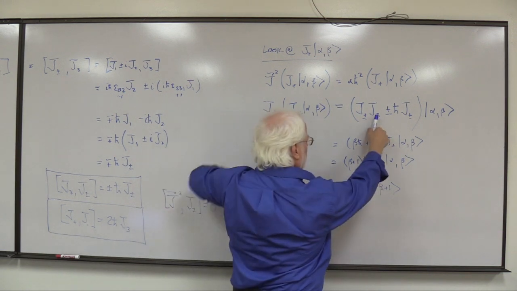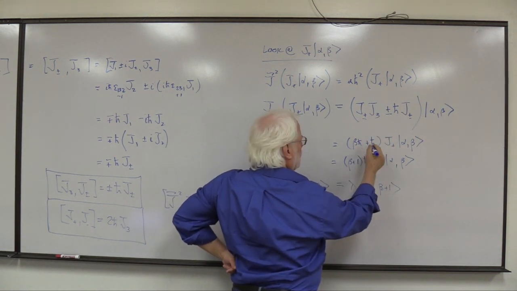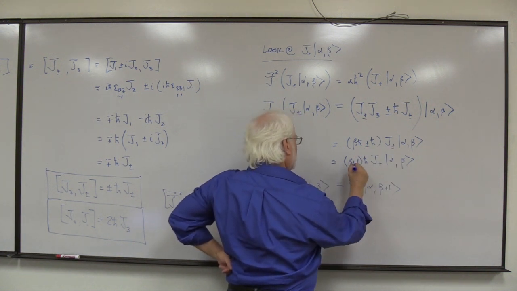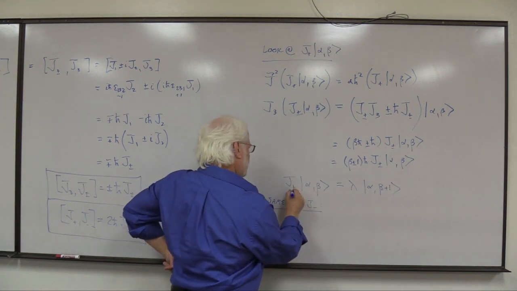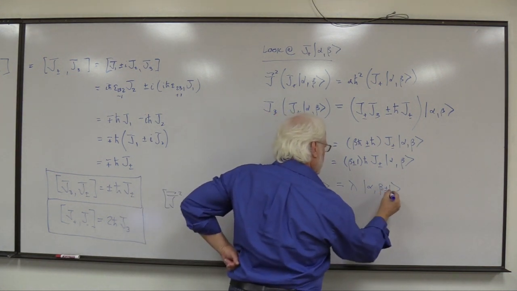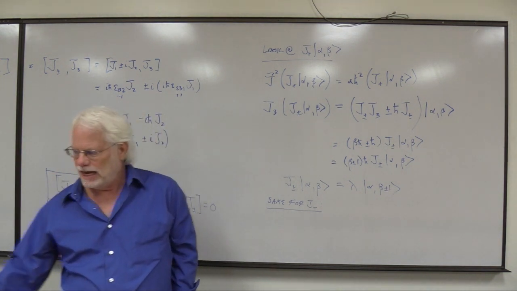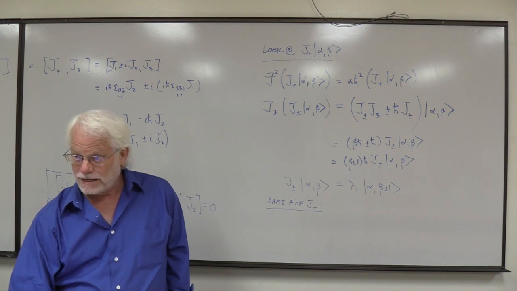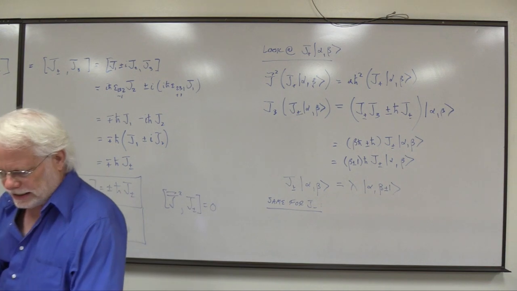And so the eigenvalue of J3 would be beta h bar, but then I would have a minus here. And so I would get beta plus or minus 1. So J plus or minus is going to raise or lower the eigenvalue beta by exactly 1. Clear? Okay, so let's move back down to this end.